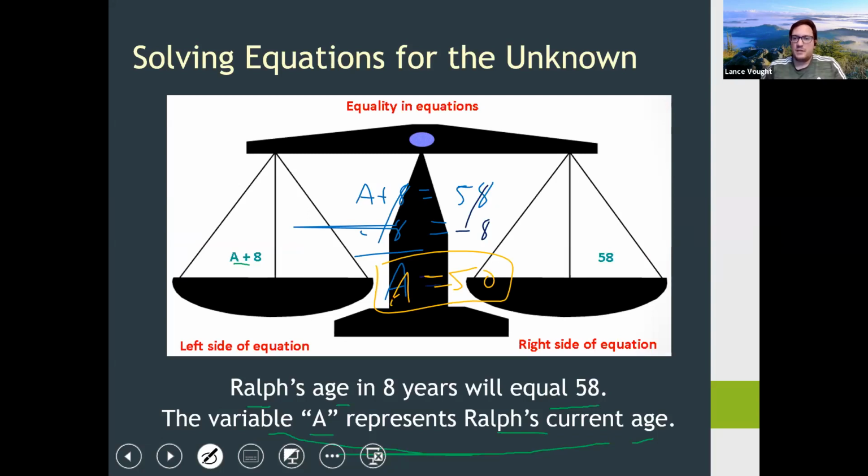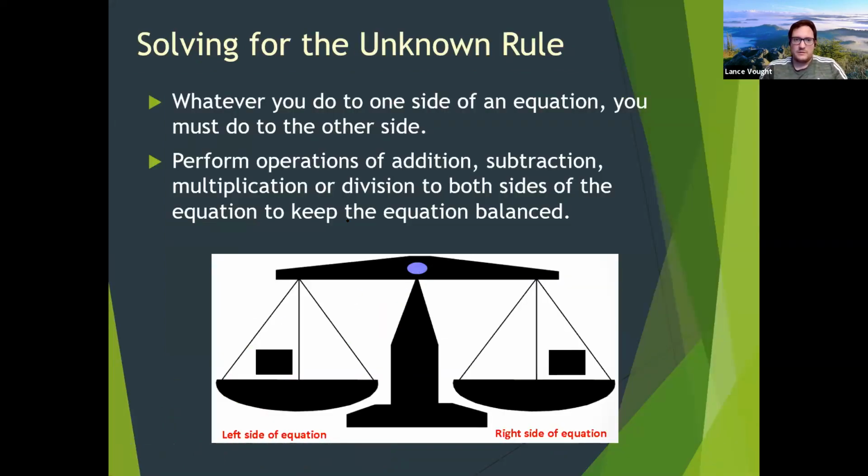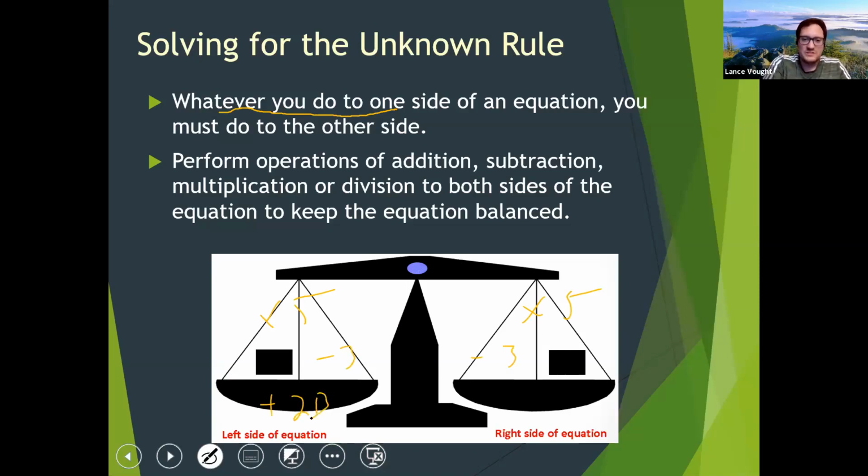Any questions about that? So again, as I mentioned before, if you do something on one side, like multiply by 5 here, you need to multiply by 5 here. If you subtract 3 here, you need to subtract 3 here. If you add 2b to this side, you need to add 2b to this side. There needs to be equality maintained.